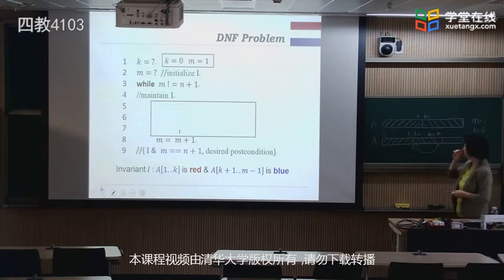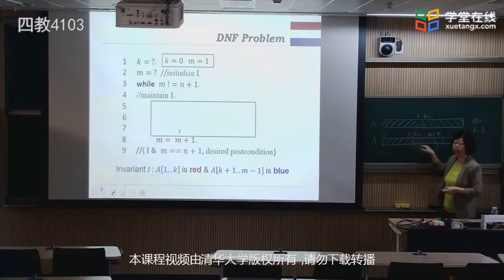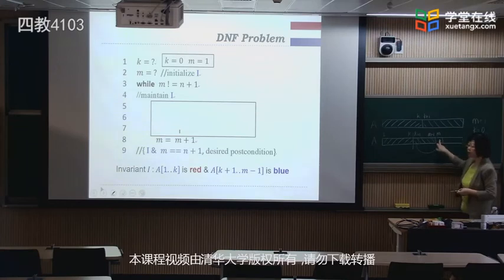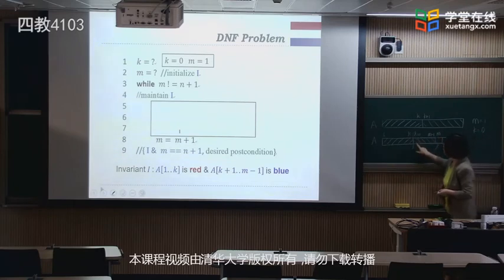Now, for the maintenance, we actually already discussed the maintenance here. So if we are dealing with the element A sub m, we assume this is true for A from 1 to m minus 1. We have the red subarray, we have the blue subarray, and then depending on the color of A sub m, if it's blue, we don't do anything. If it's red, we exchange the element A sub k plus 1, that's the first blue element, and my current A sub m, right?